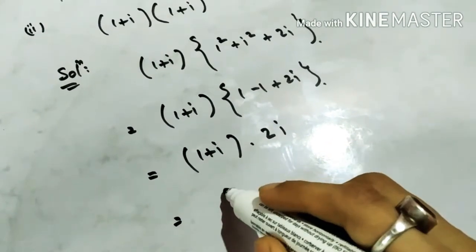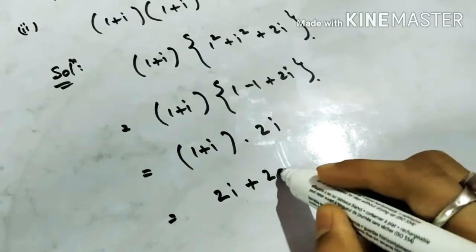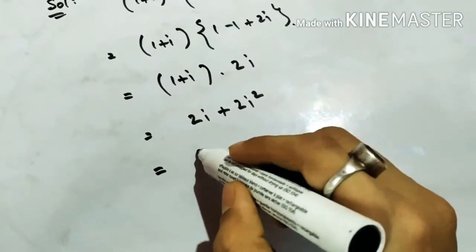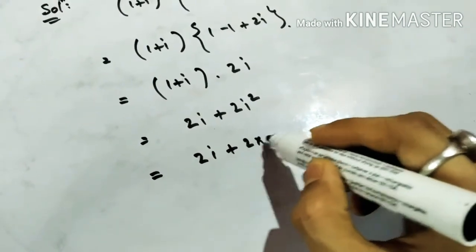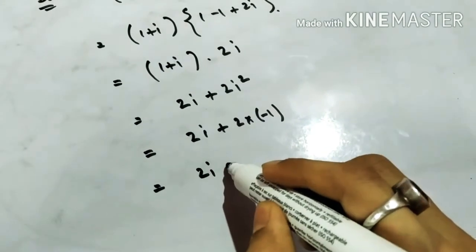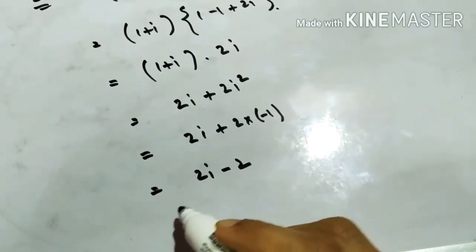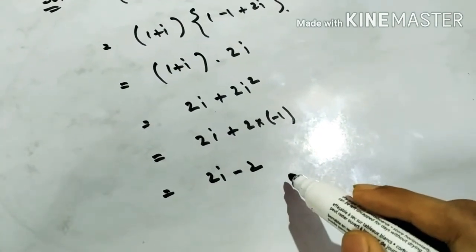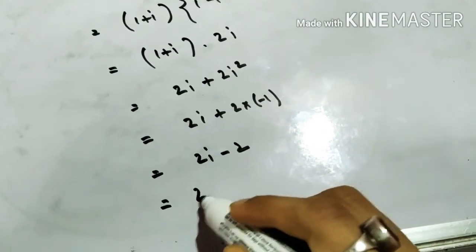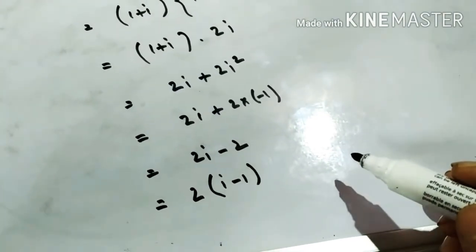So twice i, if I multiply it, I will get twice i plus twice i square. So I will get twice i plus 2 into minus 1, twice i minus 2. Now if I take 2 common, I will get i minus 1.